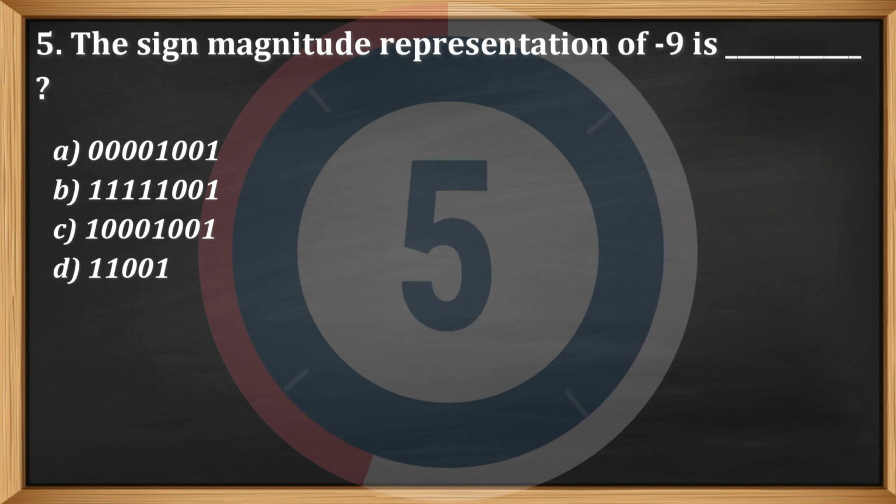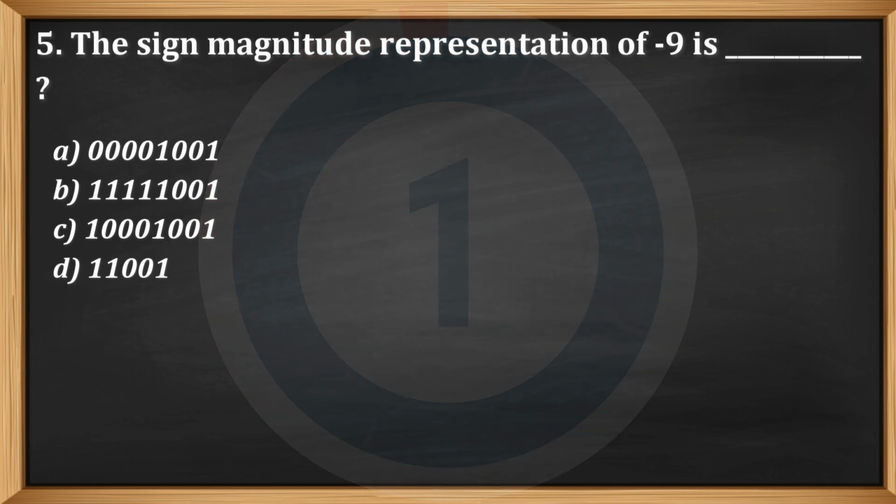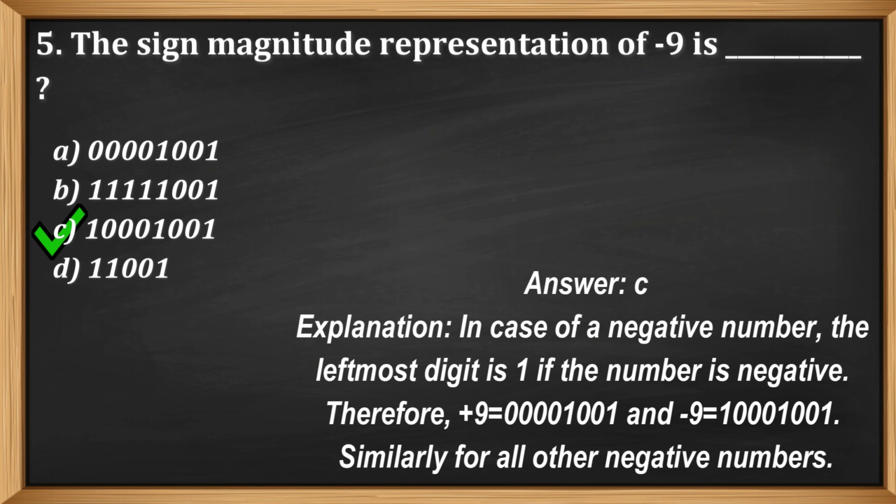The sign magnitude representation of -9 is option C, 1000 1001.